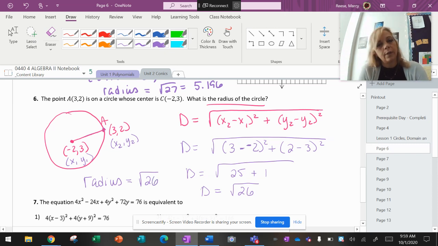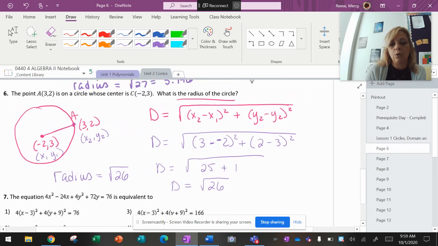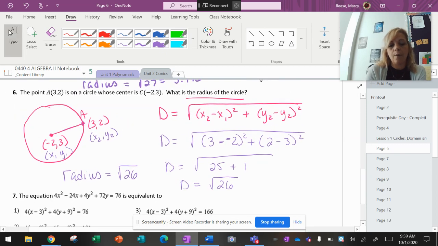Now, if I had you set up the formula, then when you square the square root of 26, actually, let's do it. What if I said to you, given this information, put this in center radius form.